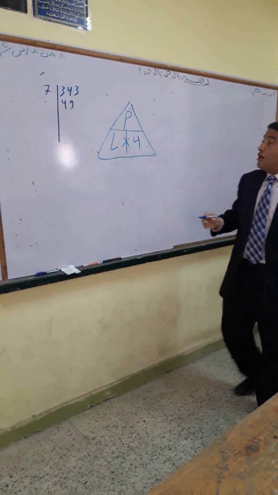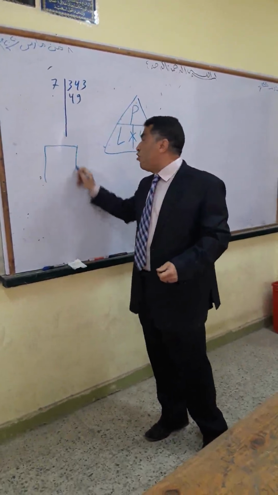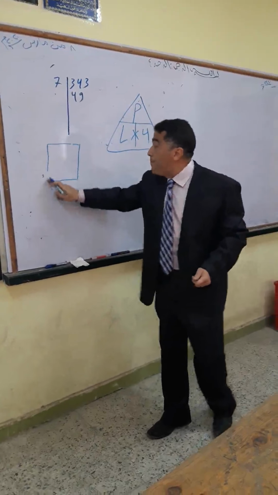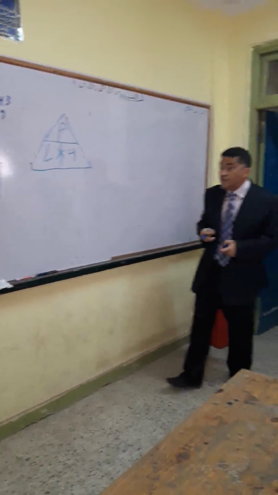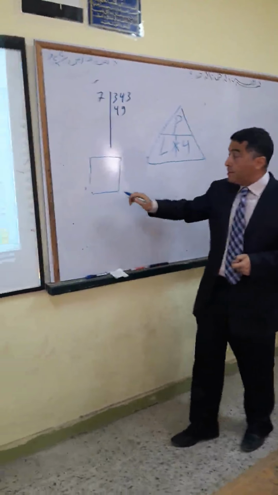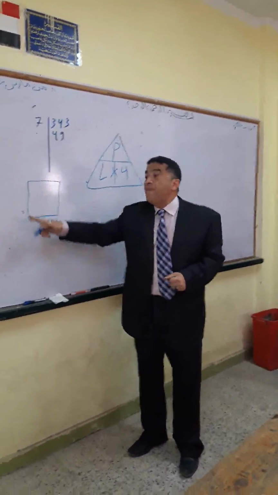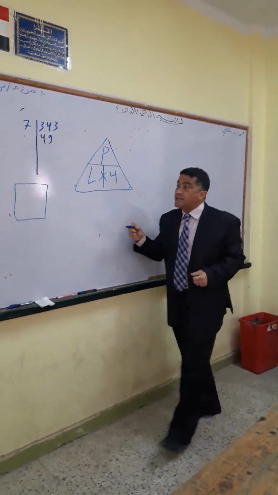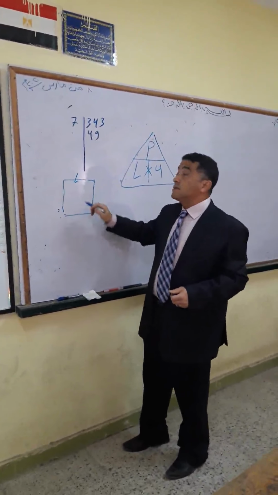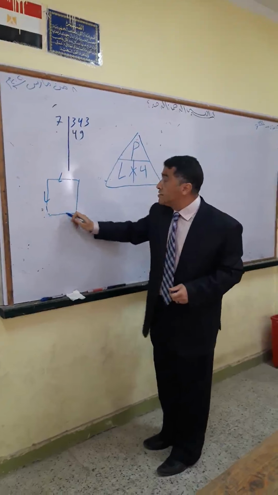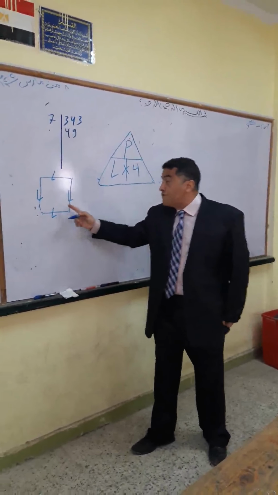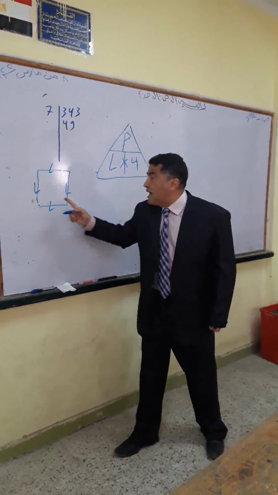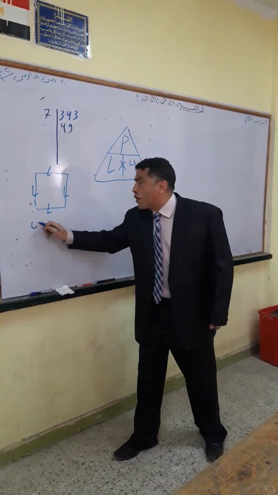Why? Perimeter of any shape equals the summation of the lengths of the outer sides. Square length, square length. Then perimeter of this square is the summation of the outer side lengths, 4 lengths.